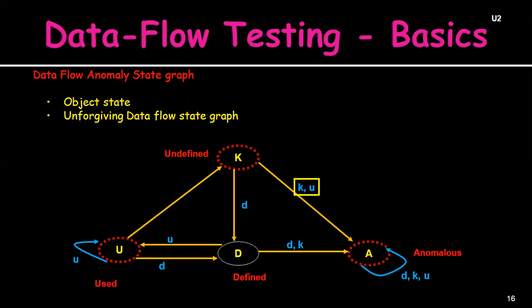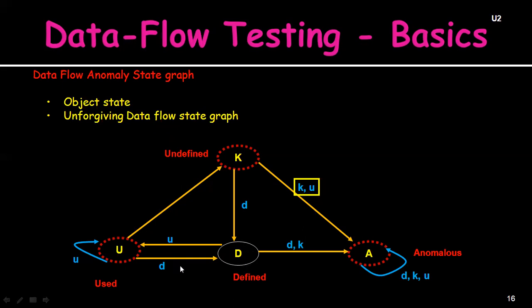So here, this is the control graph where K, U, D, and A are the 4 different states that we have. And k, d, u are the actions. Whenever you use d, you come to the defined state.